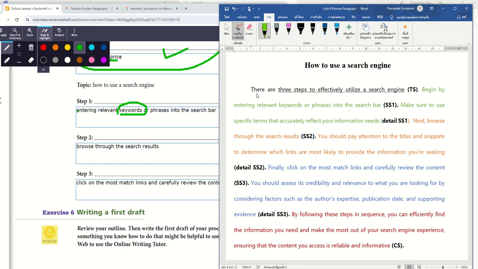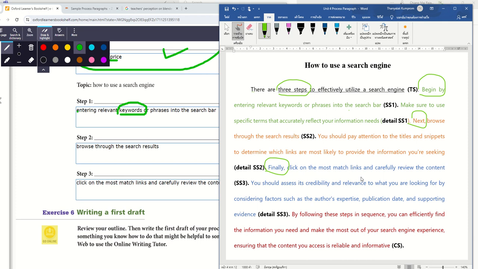This one is very easy. There are 3 steps. Utilize a search engine effectively. So of course, the controlling idea is what? 3 steps. Step 1, step 2, and step number 3.